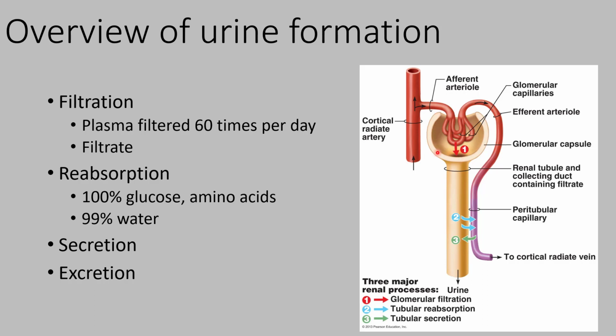Now, this shell right here, if you did that self-study part, you know that this is called Bowman's capsule or glomerular capsule. This tube coming down is the very first part of the nephron, but we're not even going to worry about what this part of the nephron is called.